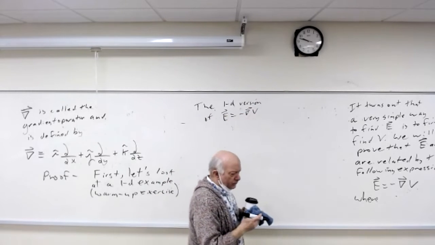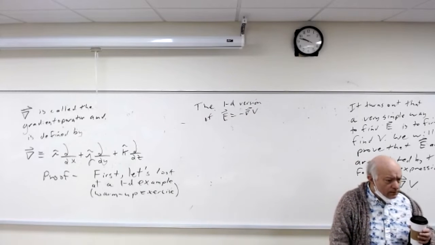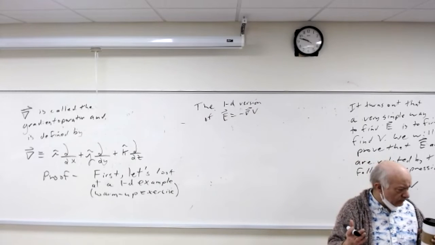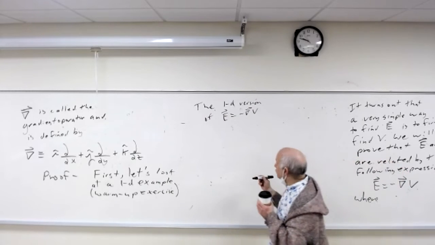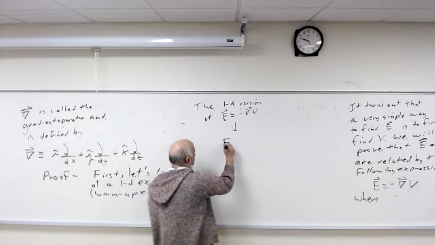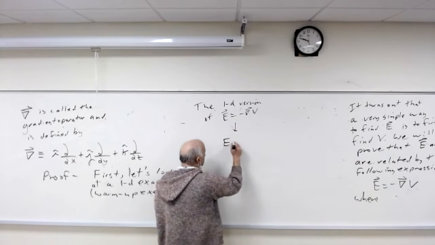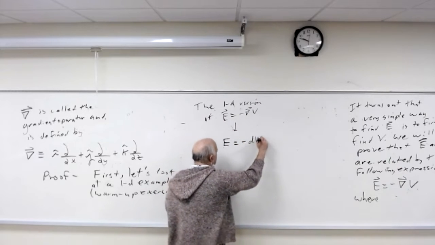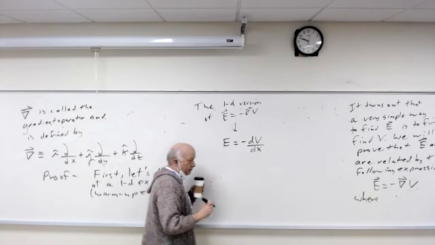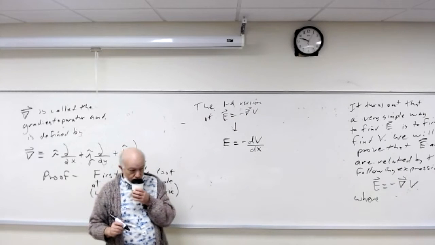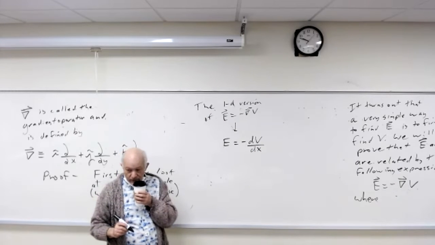First of all, it's one dimensional, what does it mean? It's only depending on x. So the 1D version of this is going to be the x component, I'll just call it E, and it's going to equal minus dV/dx. That'll be the 1D version.